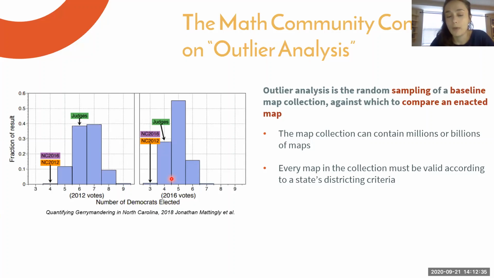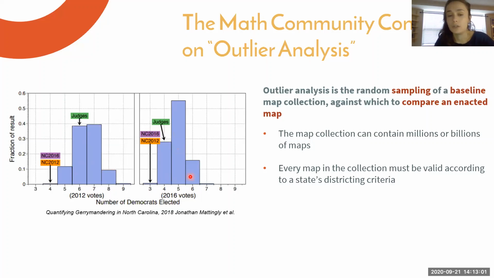In each map, they counted the number of districts that would have gone Democratic according to a couple of different partisanship measures. And they looked at the two gerrymandered maps that we've talked about, the racial gerrymander and the subsequent partisan gerrymander, and they saw that those maps were outliers compared to the ensemble, or collection, of maps that they generated.